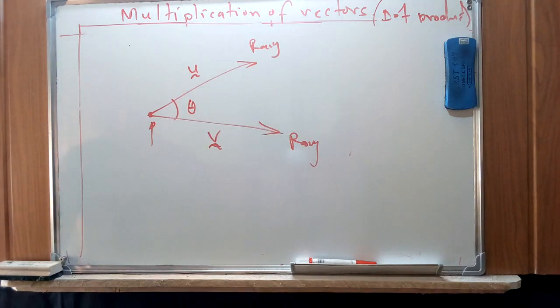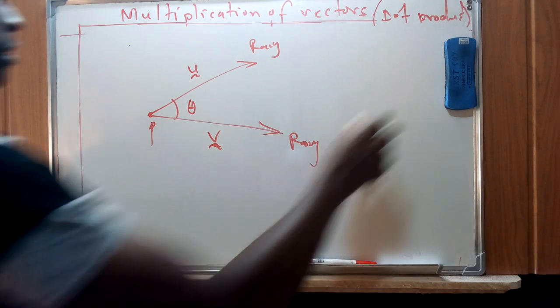Now, in finding the dot product of the two vectors, we're going to use a statement to describe how we can do this.